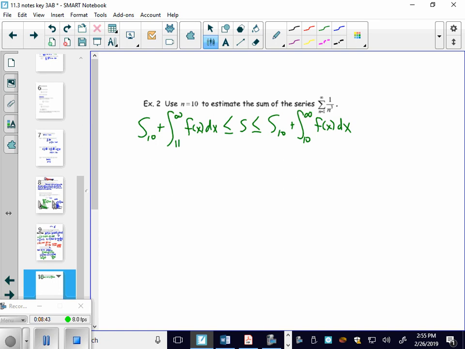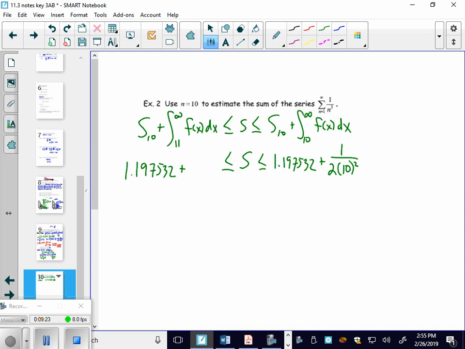All right, this s sub 10 was 1.197532. Now, to approximate these two integrals, using the n to infinity idea, it was 1 over 2 times 10 squared.